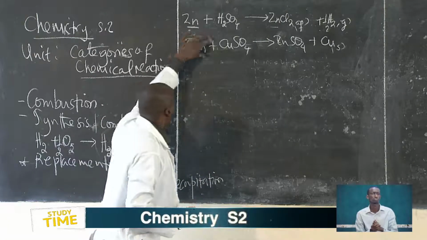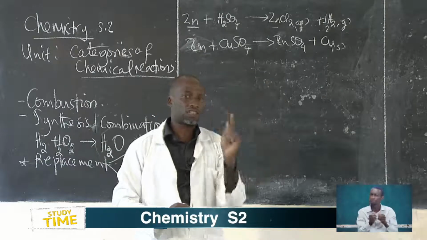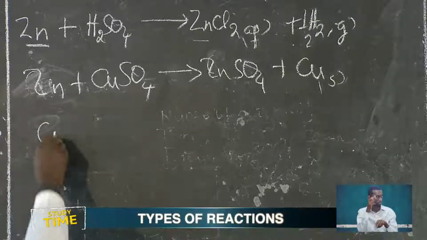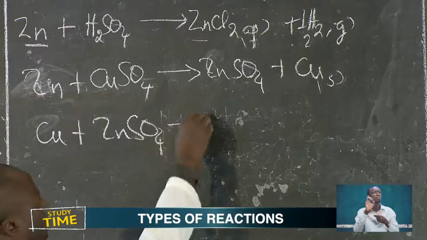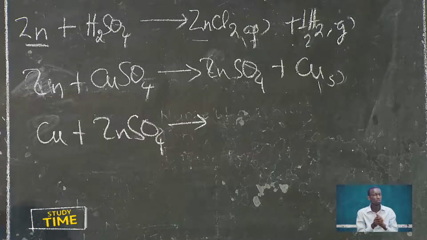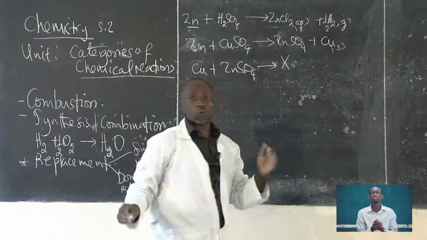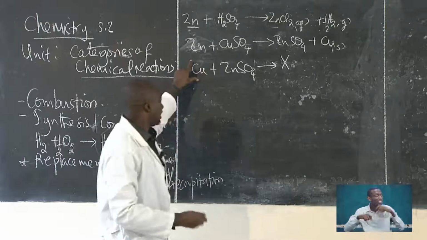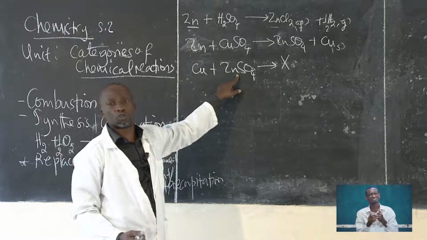And if I also emphasize this reaction, I said this only happens one way. If you have copper and then you add zinc sulfate, this reaction cannot take place. Why? Because copper is less reactive, so it cannot displace zinc from its solution.